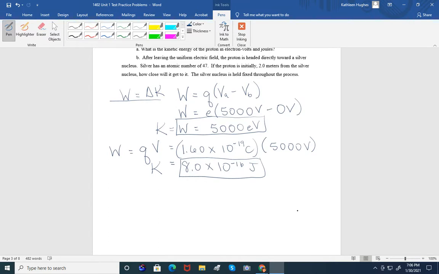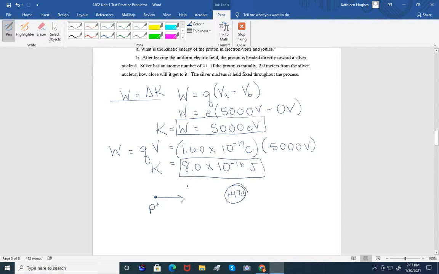The silver nucleus is held fixed throughout this process, so it can't move. So we've got a silver nucleus over here. It has a charge of positive 47 e. And then we have this single proton here that's moving towards it.